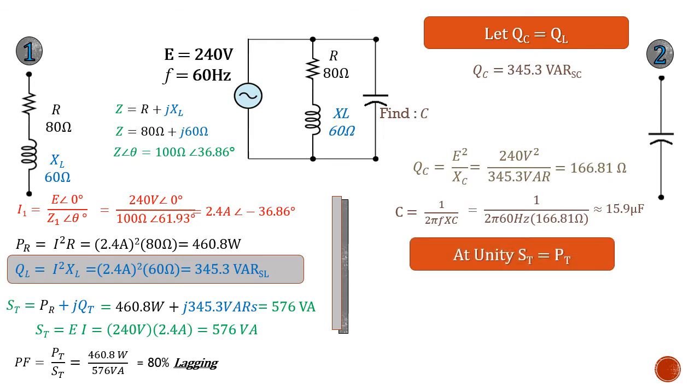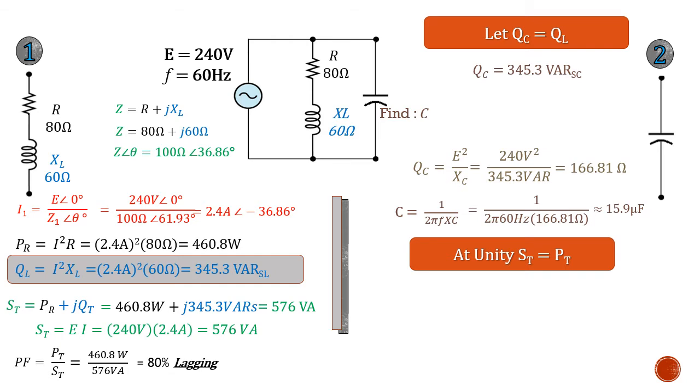At unity, the inductive side of our triangle has been eliminated. So all that's left is our true power. And that really is the definition of unity power factor. That means that your total apparent power, ST, is in unison with your total true power, PT.